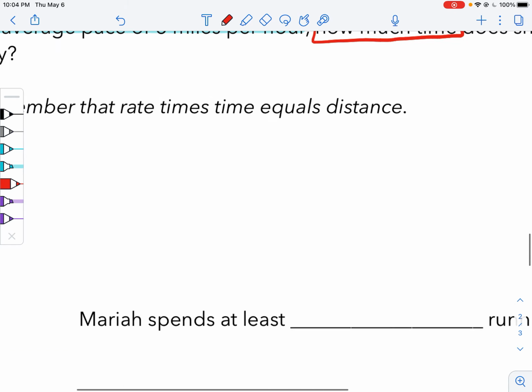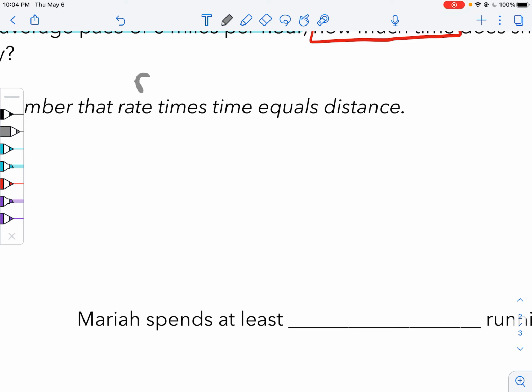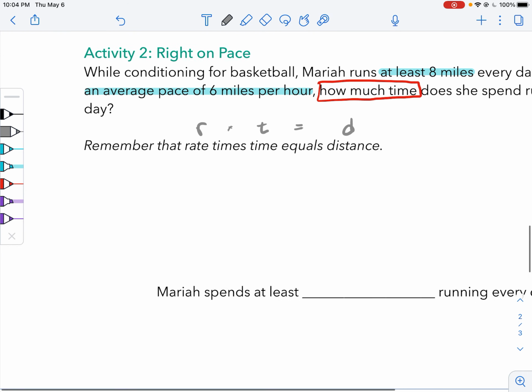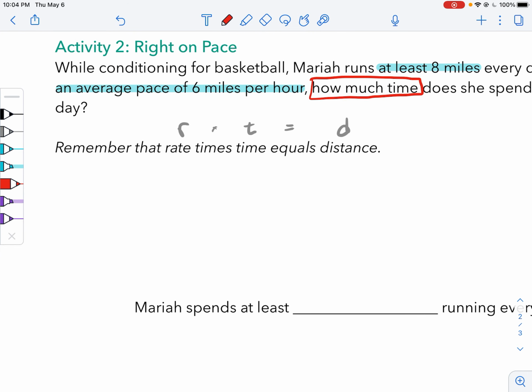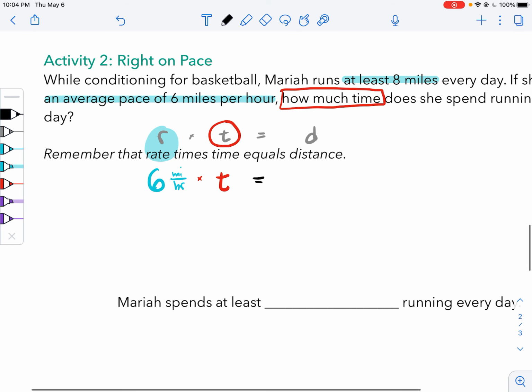We have this very helpful hint that tells us rate times time is our distance. Now our question is how much time? That we don't know. But we know her rate. Her rate is 6 miles per hour. We don't know her time, so times whatever the time is equals her distance.